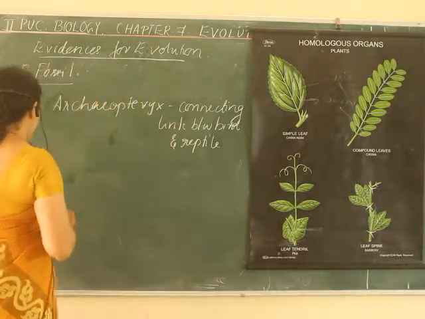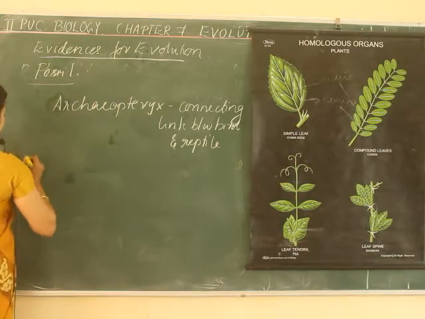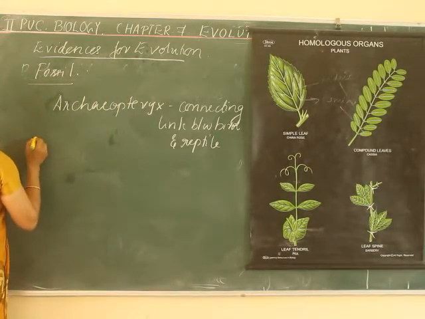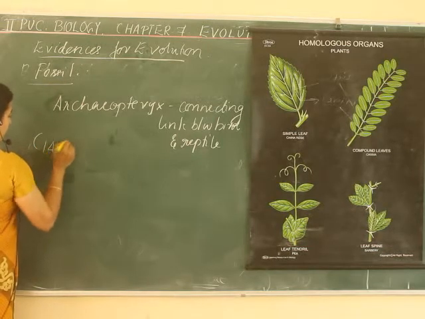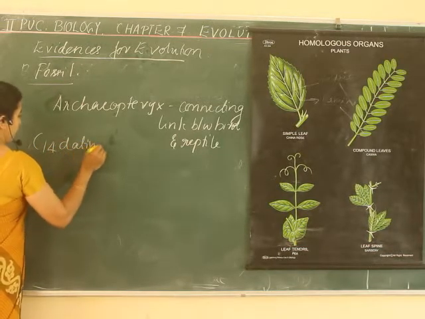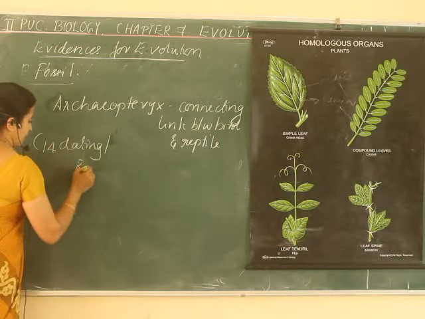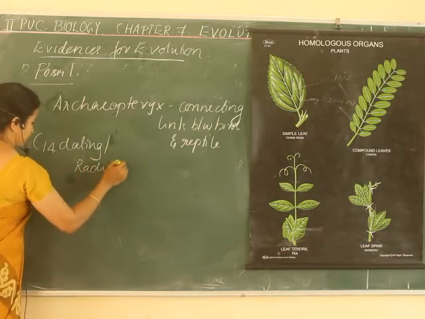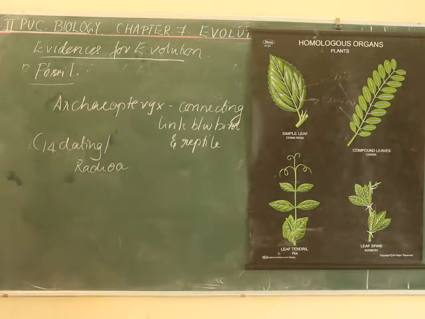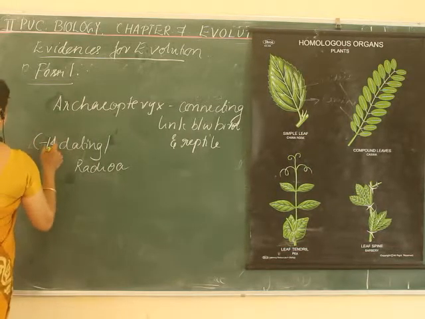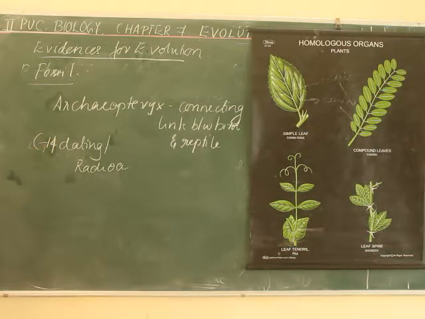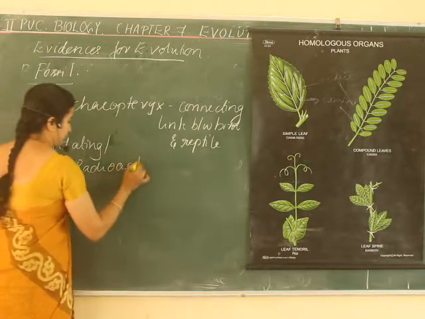Then let us understand how to calculate the age of a fossil. What is the method? The age of a fossil can be calculated by carbon 14 dating, or radioactive dating.